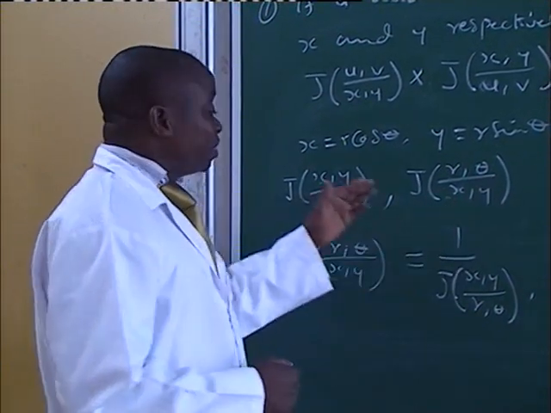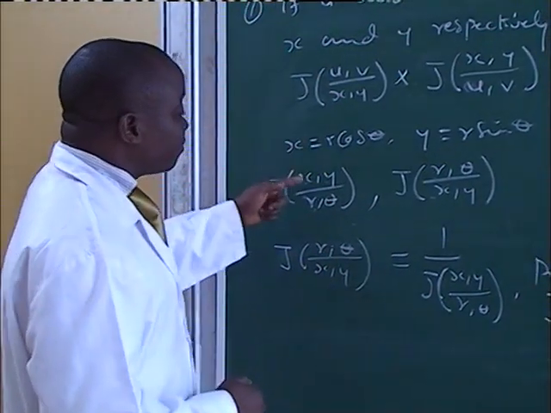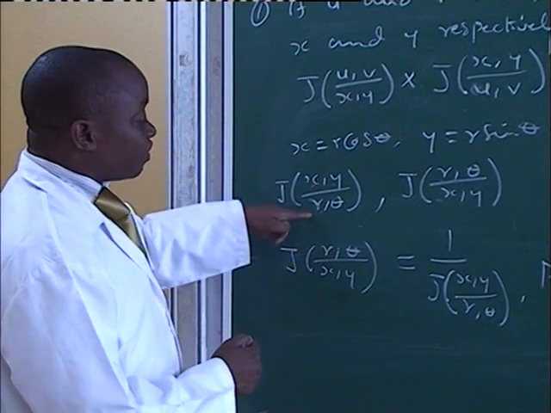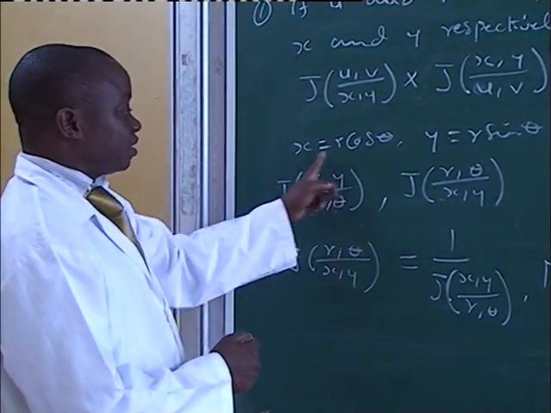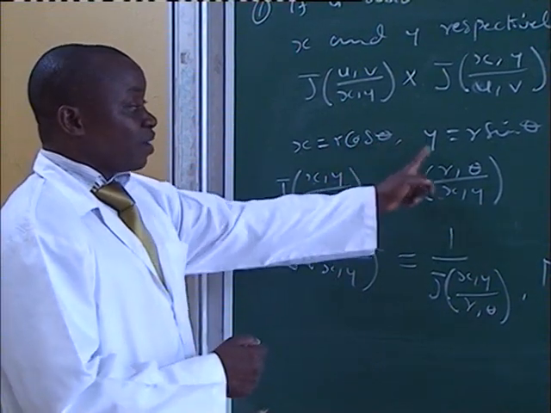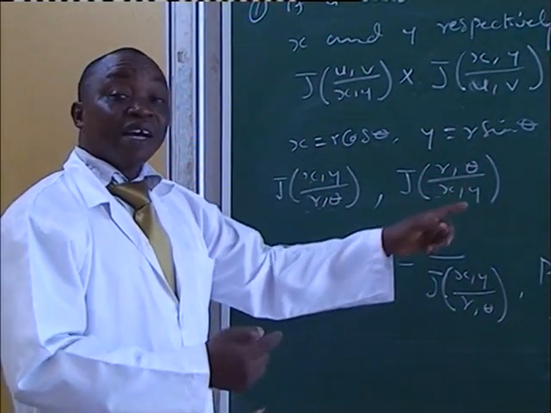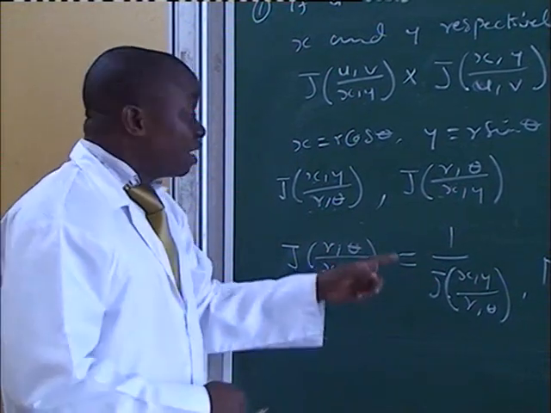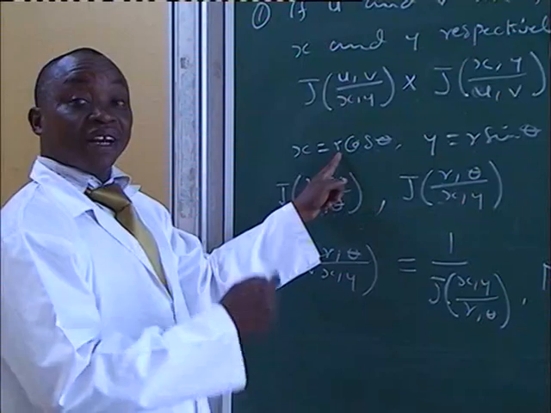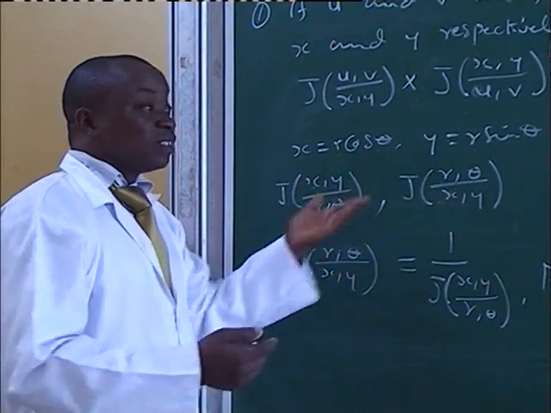So what you do when you take the Jacobian of the function which is expressed as a function of r and theta, like this one here, x is a function of r and theta, y is a function of r and theta. If I am asked to take the Jacobian of r and theta with respect to x and y, you see this function is not expressed in that way.